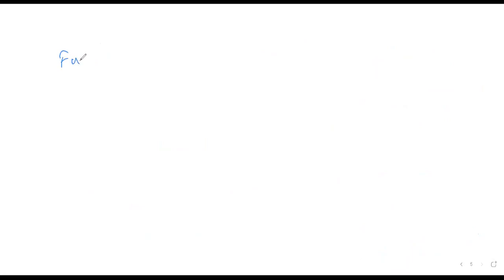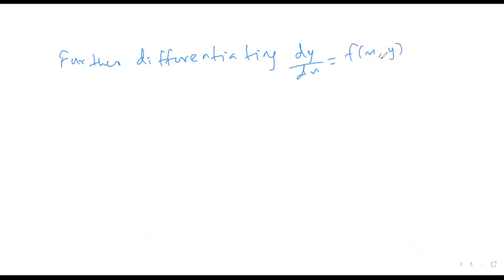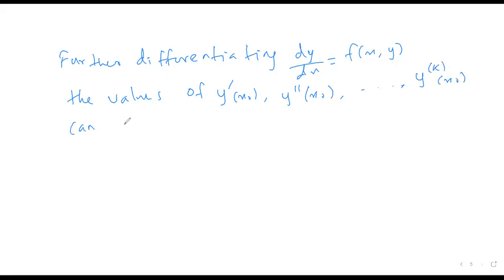Further differentiating dy over dx equal to f of x comma y, the values of y dash x naught, y double dash x naught, up to y to the k of x naught can be computed. Because in the Taylor series equation, please number it as equation number 1.